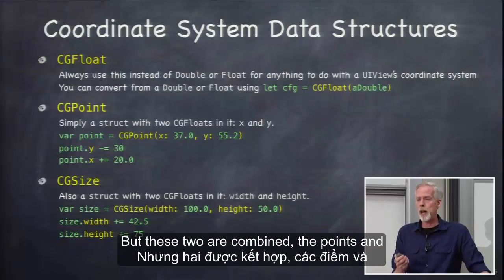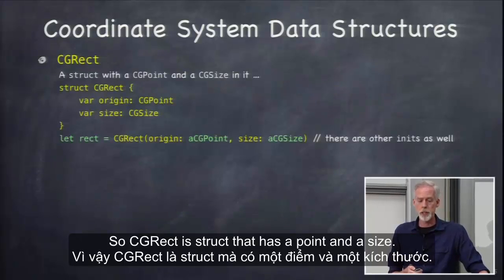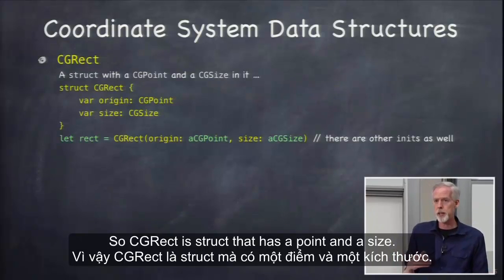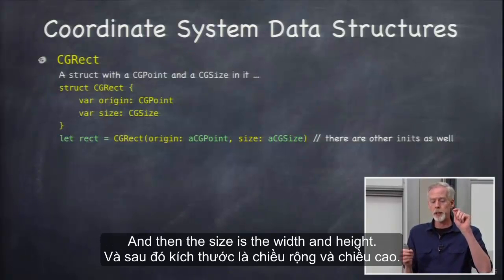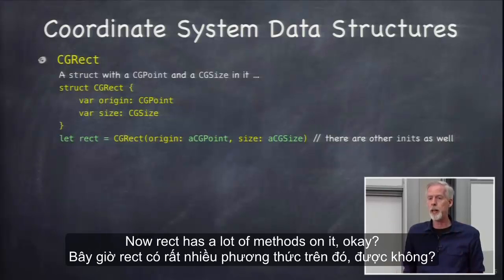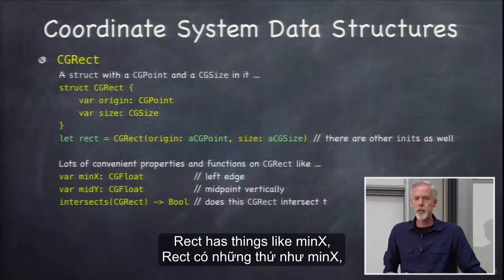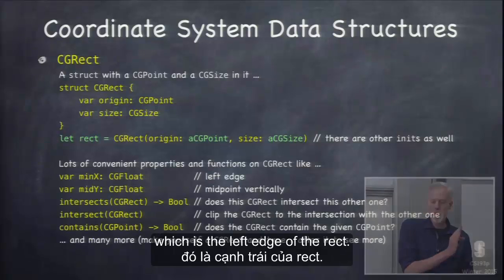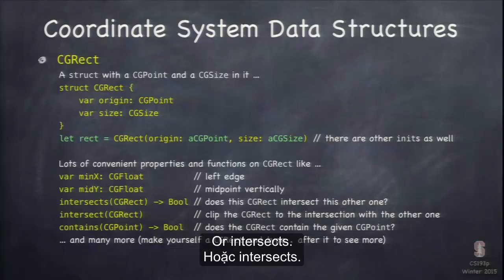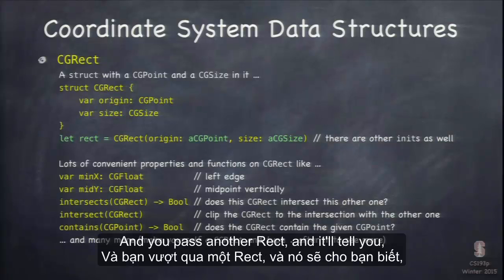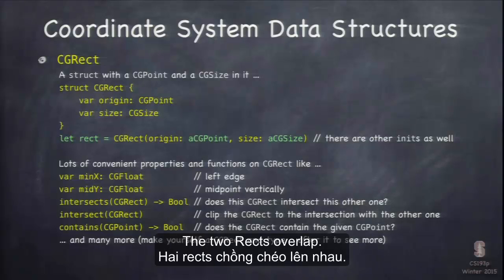But these two are combined, the point and the size, into CGRect. So a CGRect is a struct that has a point and a size. The point is the origin of the rect, upper left, which I'm going to talk about in a second. And then the size is the width and height. Now rect has a lot of methods on it. Okay, rect has things like minX, which is the left edge of the rect, or midY, which is the midpoint of the rectangle vertically, or intersects, and you pass it another rect, and it'll tell you as a Boolean whether the two rects overlap.